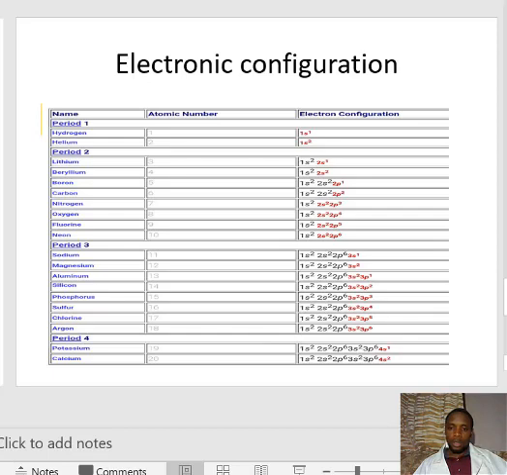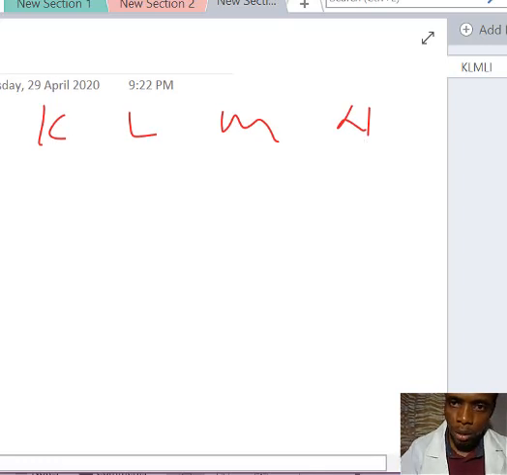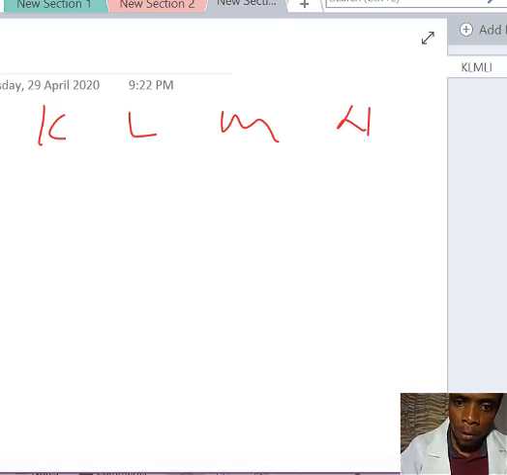So sharing the electrons into orbitals, hydrogen, which has 1 electron, the first one will be given to 1s, as I told you. So we have 1s1 for hydrogen. Helium, which is the second one, will be 1s2.